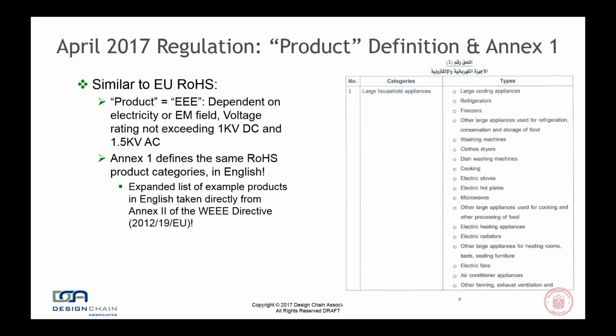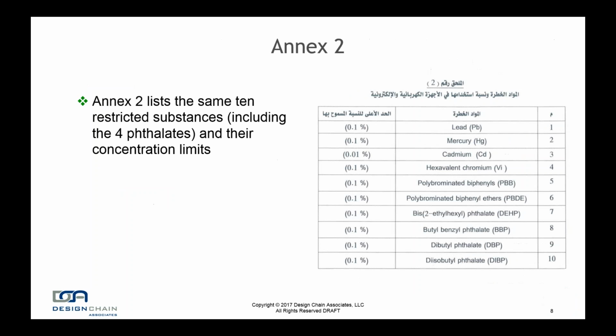Therefore, I think the implication is that they want the scope to be precisely the same as EU RoHS. The same restricted substances and the same concentration limits are defined as well in Annex 2, and you can see here the addition of the 4 phthalates that come into force in 2 years in EU RoHS.